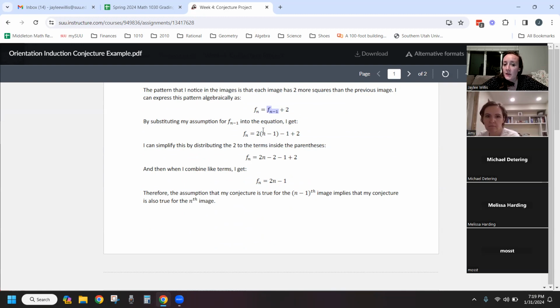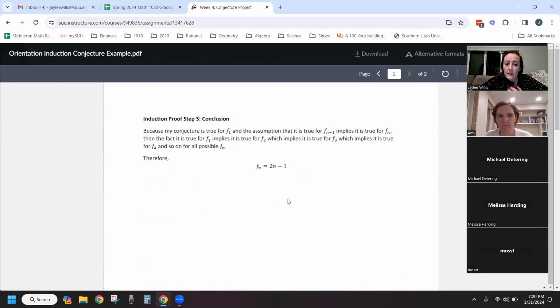In this case, I distributed the 2 to get rid of the parentheses. Then I combined like terms, and since the -2 and +2 cancel out, you end up with just 2n-1. That is my conjecture. Because my assumption that the previous term follows my conjecture implies that it's true for the nth term, I'm done with my induction step.